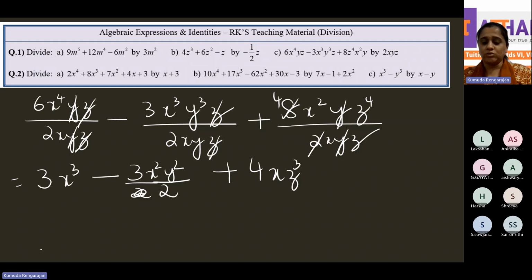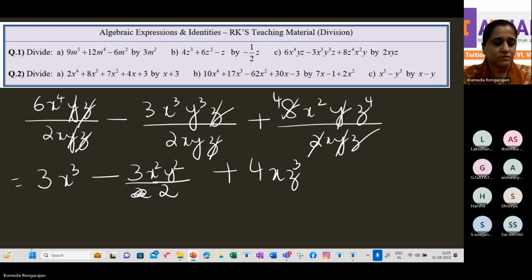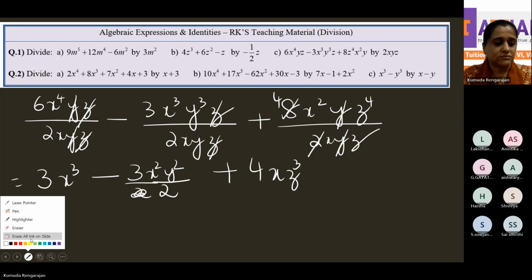Now let's understand how to divide an expression by a binomial. So when it's binomial, it is long division. So place the divisor here.